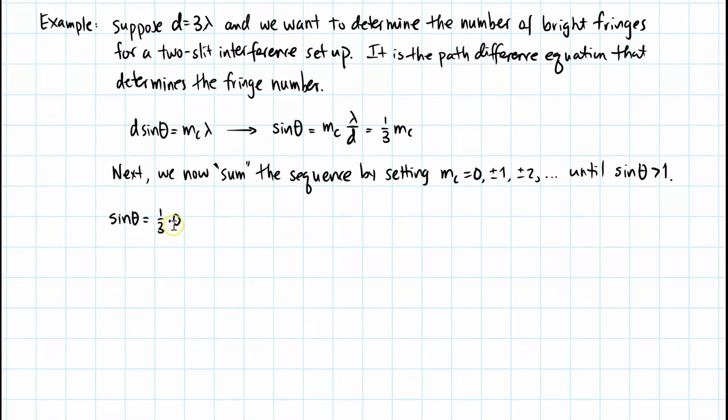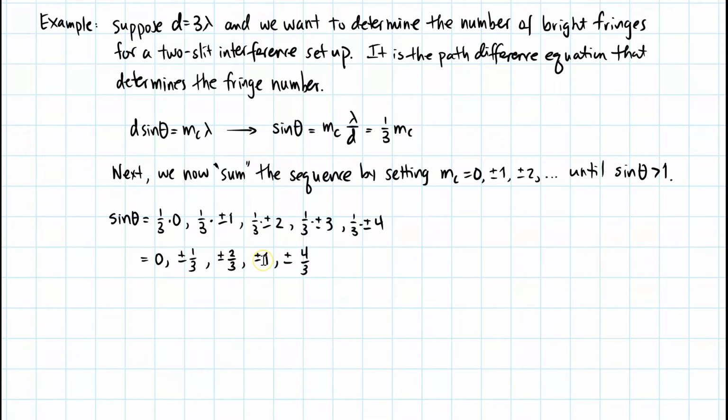So the first term is m_c equal to 0, and then the next terms are 1, 2, 3, 4. If I add those all up, you can see here all the first 4 terms are less than or equal to 1, but this last term is 4/3, and 4/3 cannot exist, since this implies that sine theta is greater than 1.